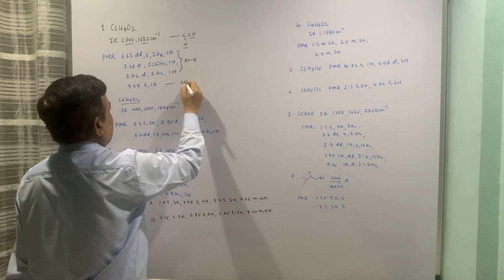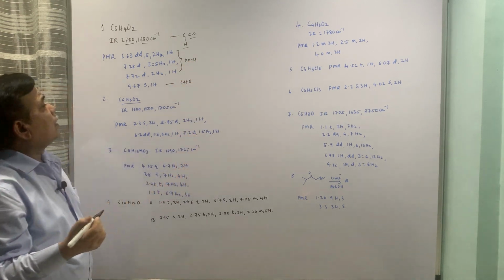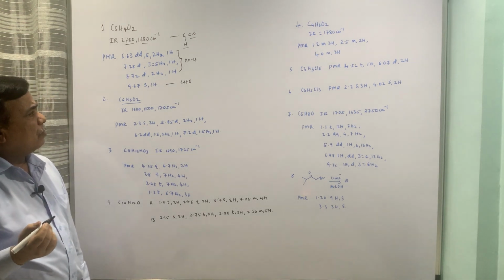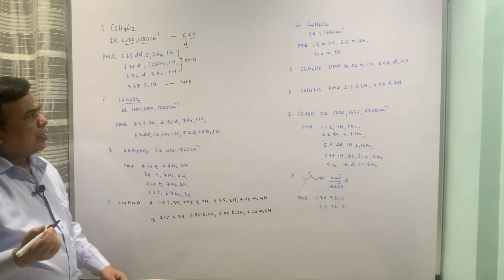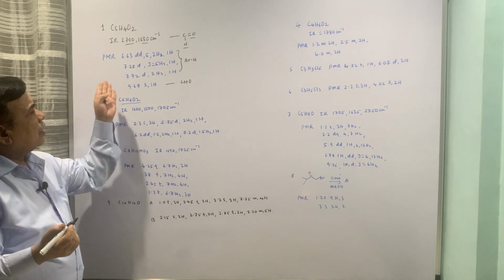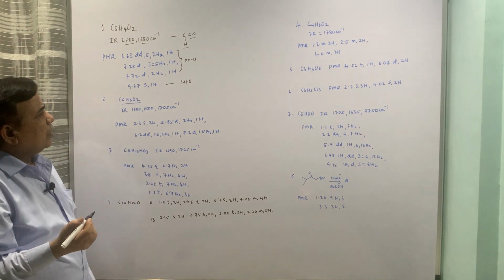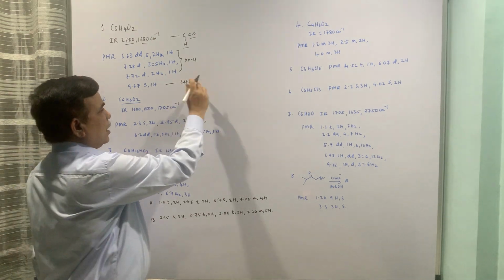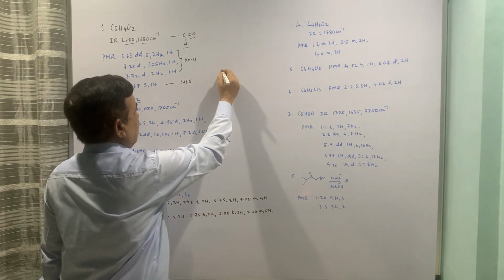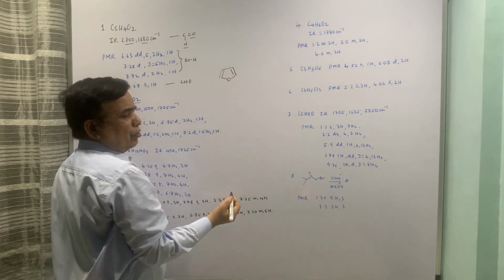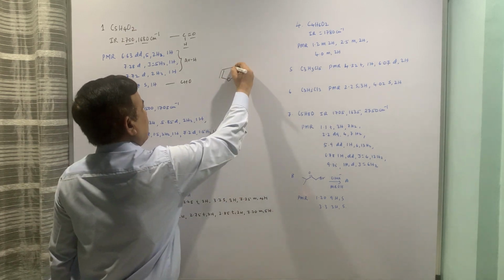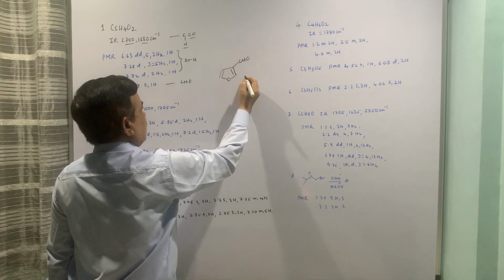This suggests the aldehydic group. So with 5 carbons you have to have an aldehyde and 3 aromatic hydrogens, and it has to have 2 oxygens. One is utilized as aldehyde, the second can be utilized in the form of a ring. So this is furan.